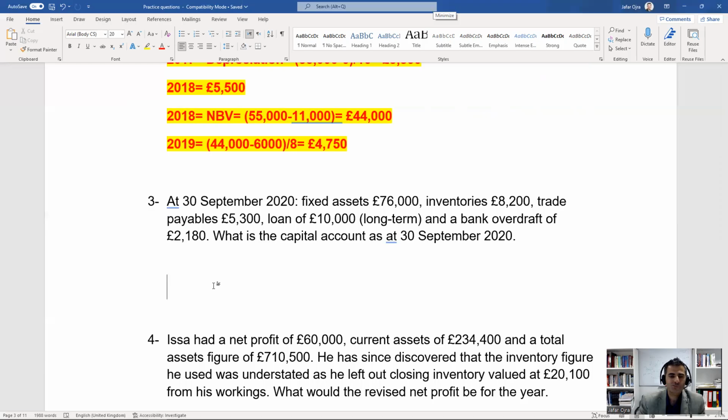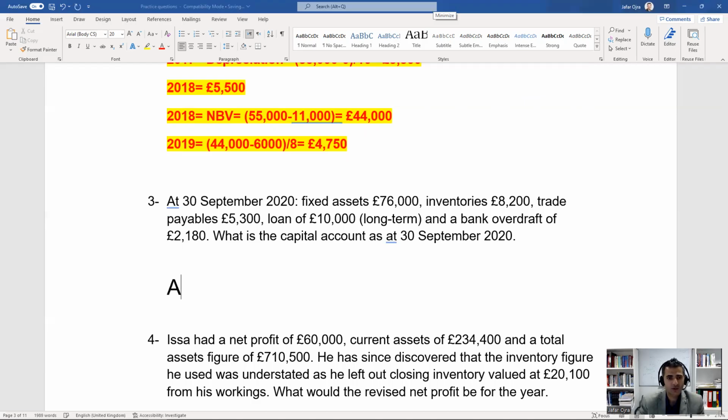So this question is based on the accounting equation. As long as you know the accounting equation, how it works, you should be able to answer this question easily and calculate the capital. So capital is the same as equity, yeah? So you need to know under each category what comes under assets, what comes under liabilities in order to calculate this question.